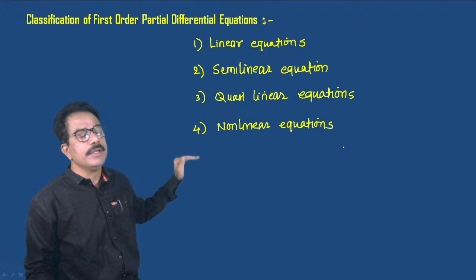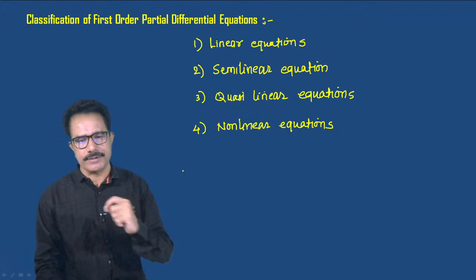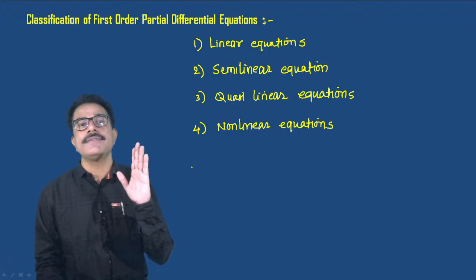These are the 4 types of first order partial differential equation. Now we shall discuss one by one. Linear equations first.